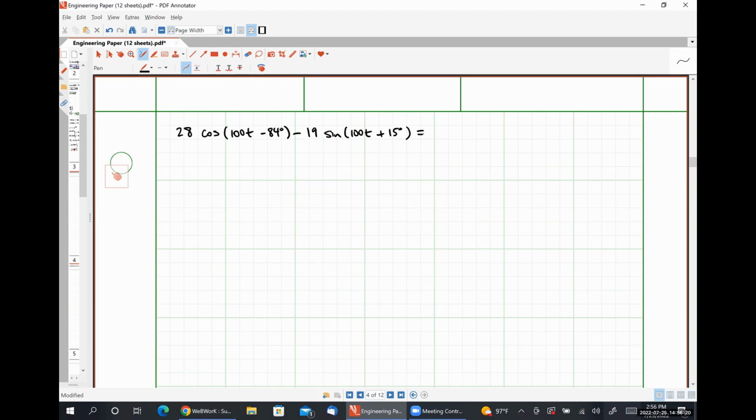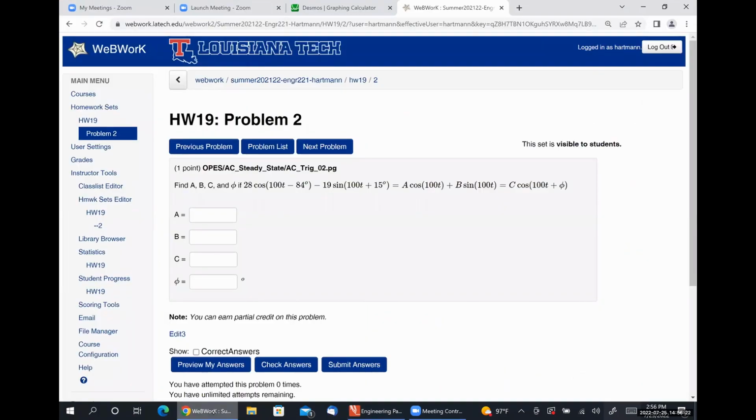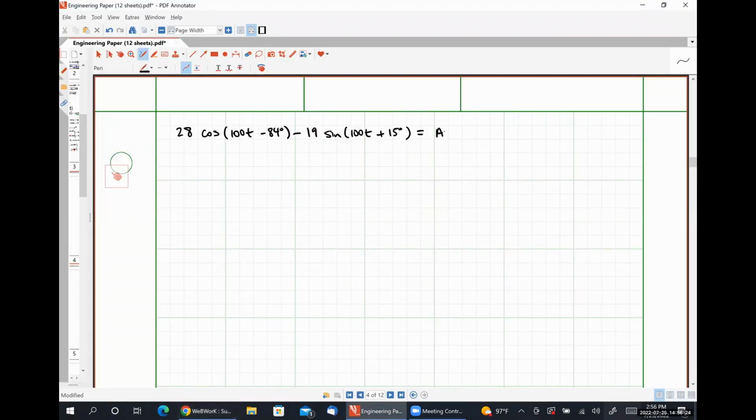And we are told that this is equal to A cosine 100t plus B sine 100t is equal to C cosine 100t plus some phase angle phi. And we're asked to find A, B, C, and phi. Okay.